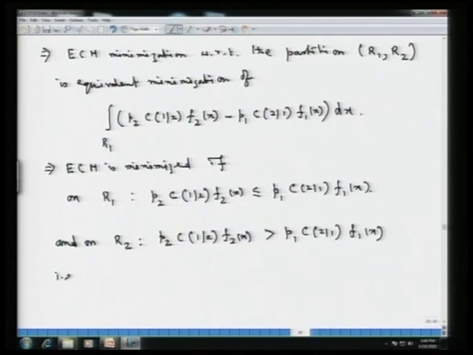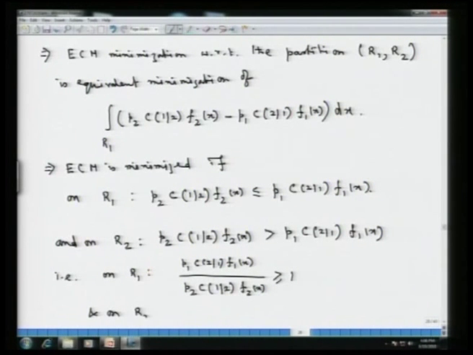In other words, on R1 we will have, in terms of these quantities, P1 C(2|1) f1(x) divided by P2 C(1|2) f2(x) greater than or equal to 1, and on R2 the same quantity is less than 1.